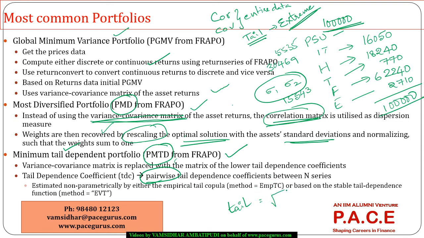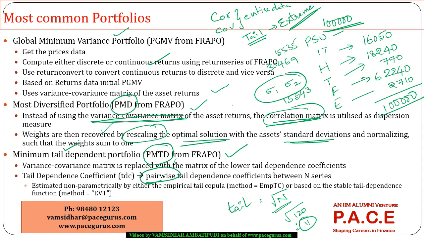Otherwise the default is the square root of the number of observations. So here we have approximately 120 observations, so approximately 11 observations would be taken as the tail, and the correlation between those worst 11 would be considered for working out the level of correlation that exists between them.